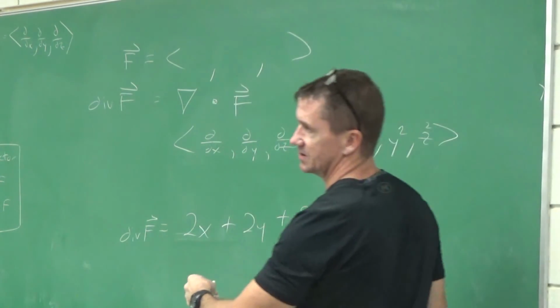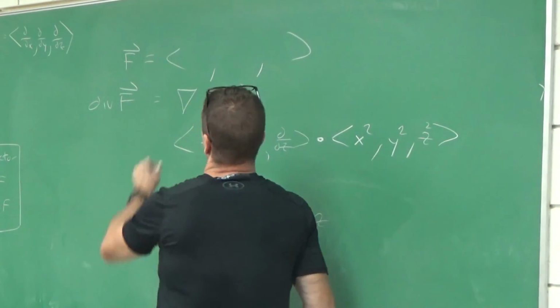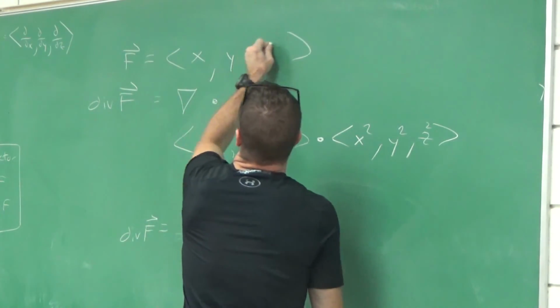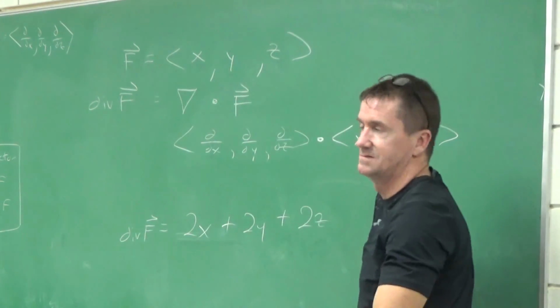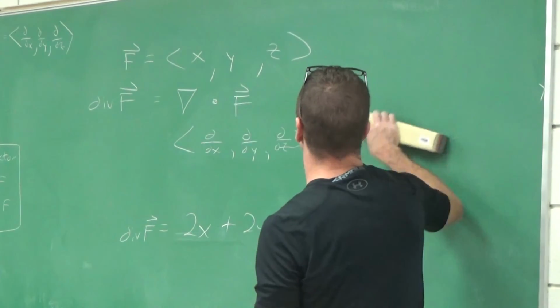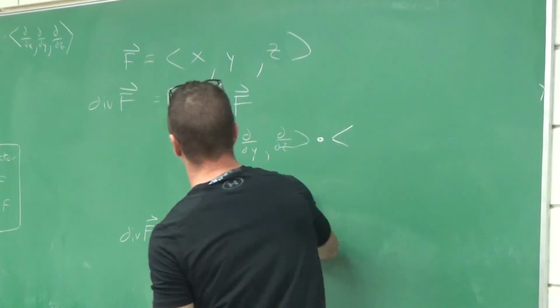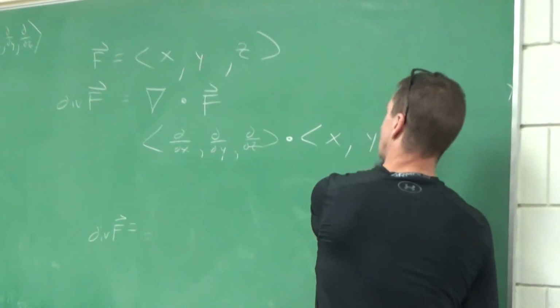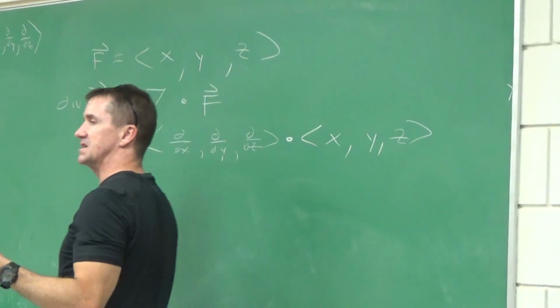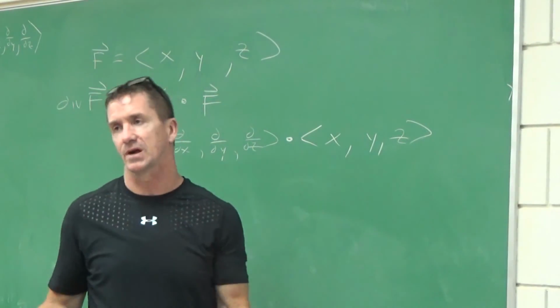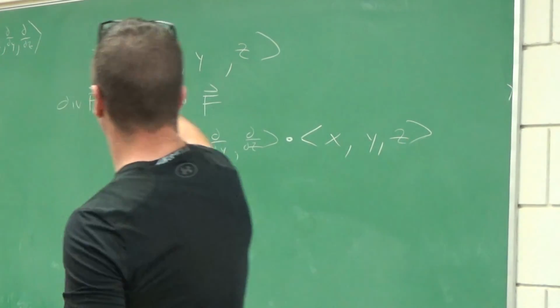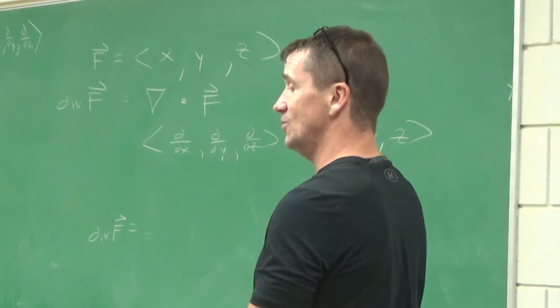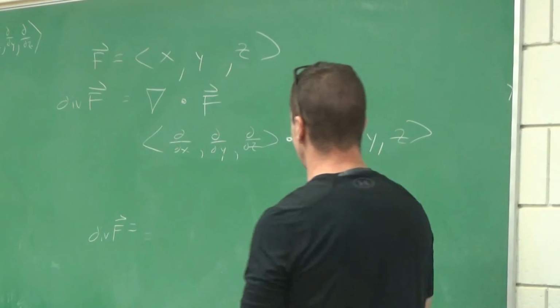Hey, so try this one. Now, I hope this goes fast. Give that one a shot. What's the divergence of this vector? Because it's funny, even in section 16.9, Gauss's divergence theorem, you'll get vector fields like that. And you'll find that doing the divergence is not too challenging.